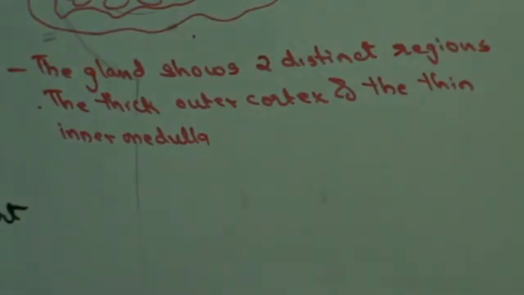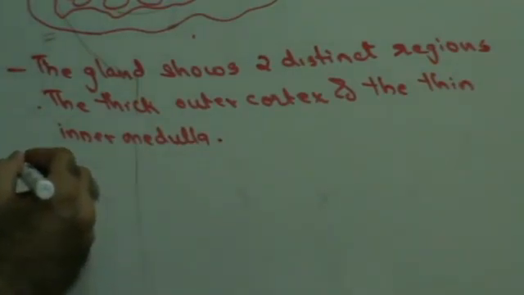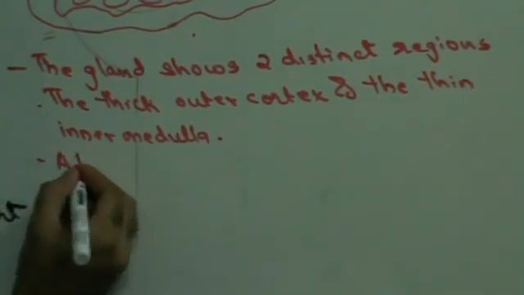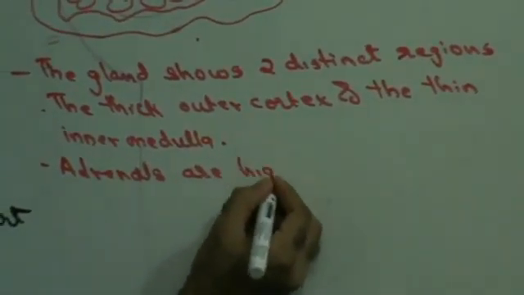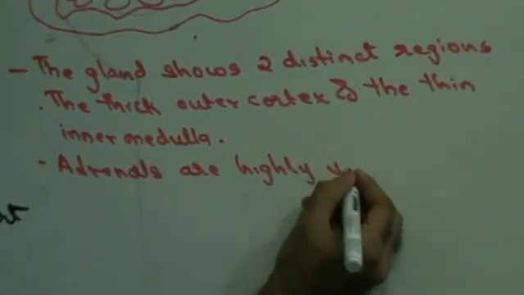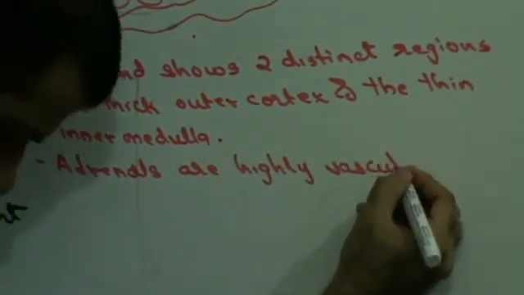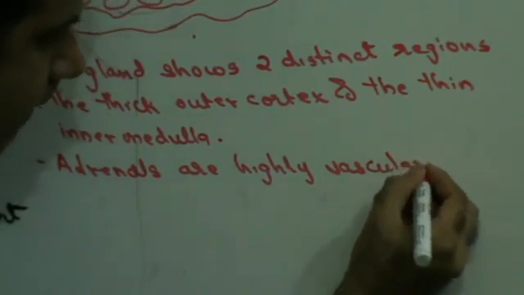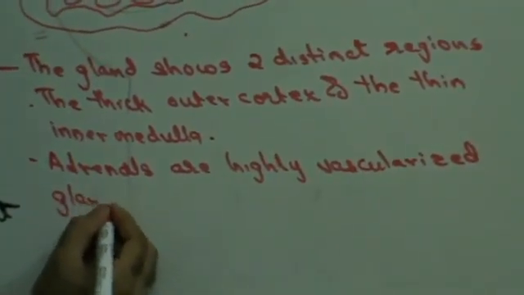The adrenal glands are highly vascularized glandular structures.